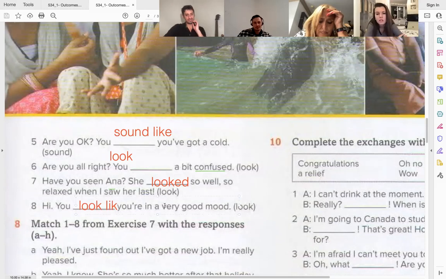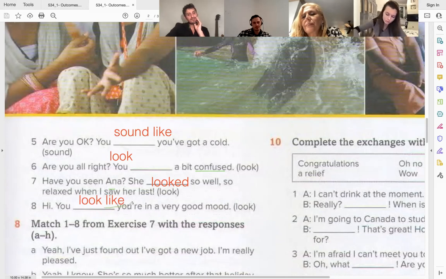Look like you're in a good mood. Okay, so the basic difference here, since it's not a situation, is that it's always like. If it's a situation, like the other one, then that's a situation. But this one, you do have a noun, you do have a verb, and then you do have an object.